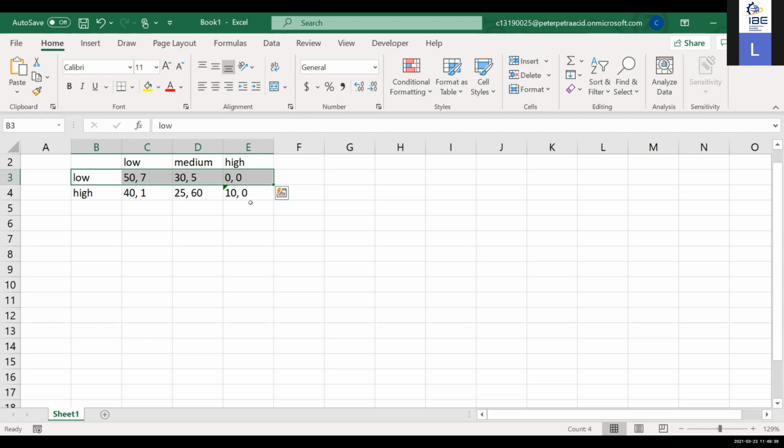So it's not dominant. Low is not better than high.